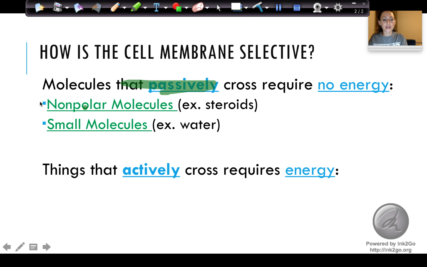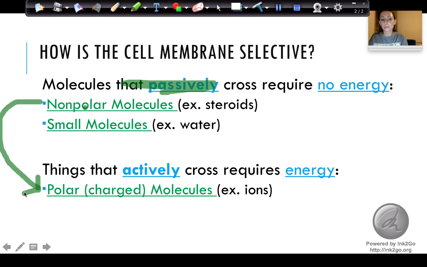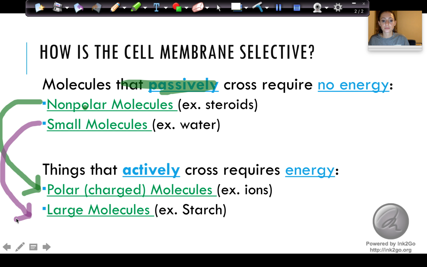So the opposite of nonpolar is polar. The opposite of small is large. So these right here, we have two things that can go through passively, no energy. And we have two opposite things that are going to be active. They're going to take a lot of energy to get through my cell membrane.